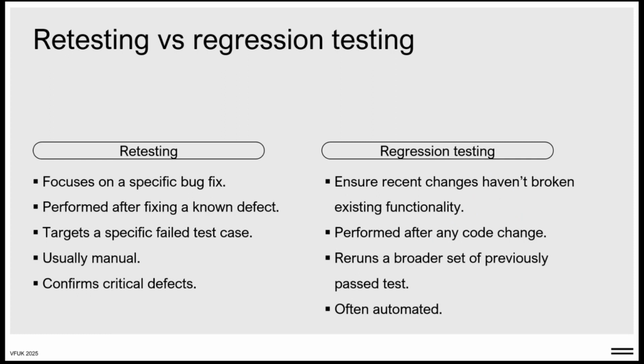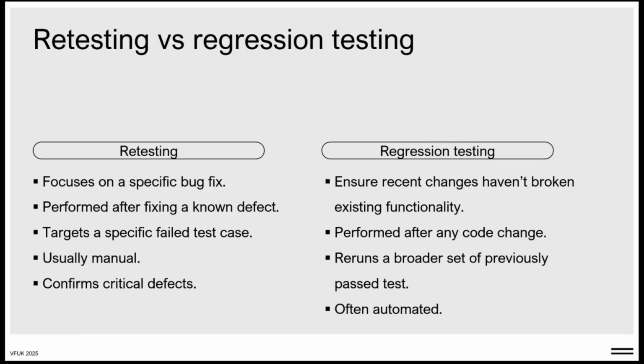Now, it's important to know the difference between retesting and regression testing. Retesting is when we rerun a test case after fixing a specific bug or implementing a new feature. The process is usually manual and confirms that we have fixed the defect or implemented the new functionality.